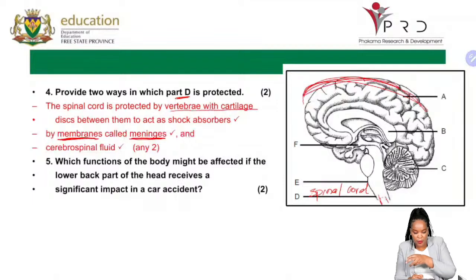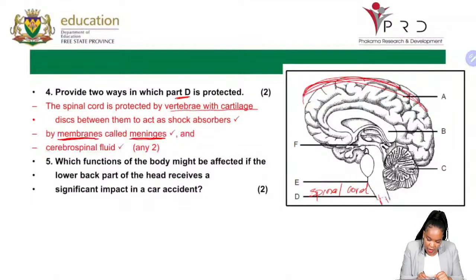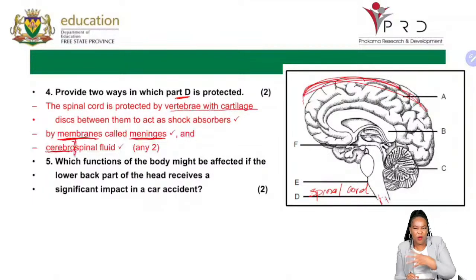cerebrospinal fluid. You can break this word into 2. Cerebro means what? Of the cerebrum, of the cerebellum. You see? Spinal fluid. So the cerebrospinal fluid is the fluid that we find protecting the spinal cord, just to give it that cushion.